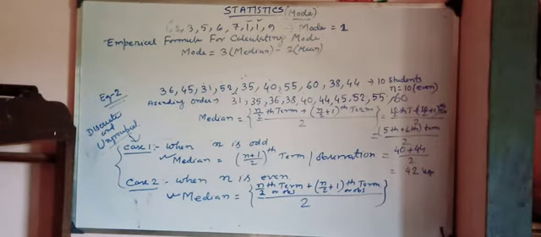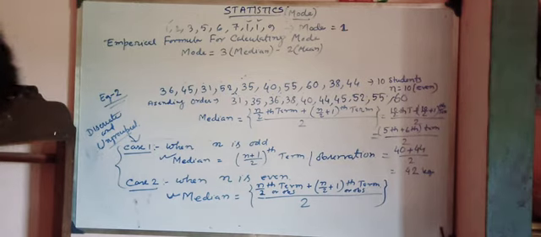Now that's it. That's the preliminary idea regarding median and mode. Understood that? So now I want to start an exercise from the R.S. Agarwal math book of class 9. The exercise is EX14G.